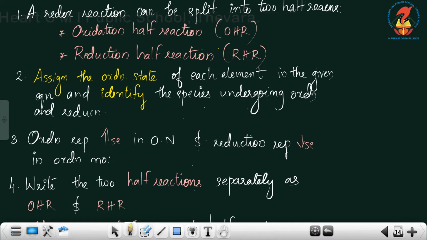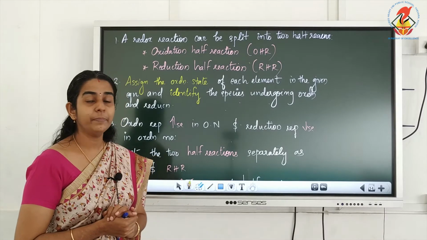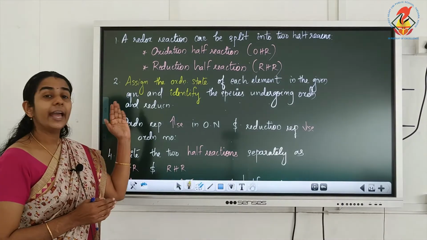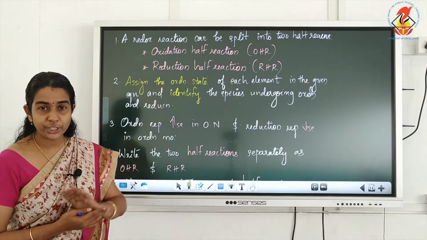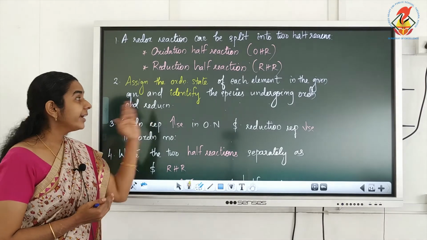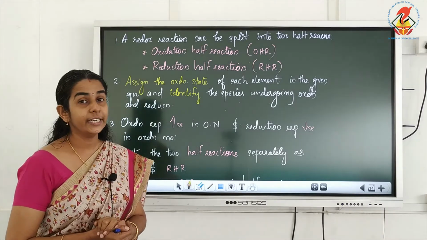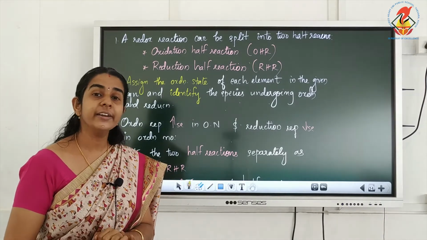So when you get an equation to balance a redox reaction, what should we do first? Assign the oxidation state of each element present in the given equation, and from that oxidation state identify the species undergoing oxidation and reduction.